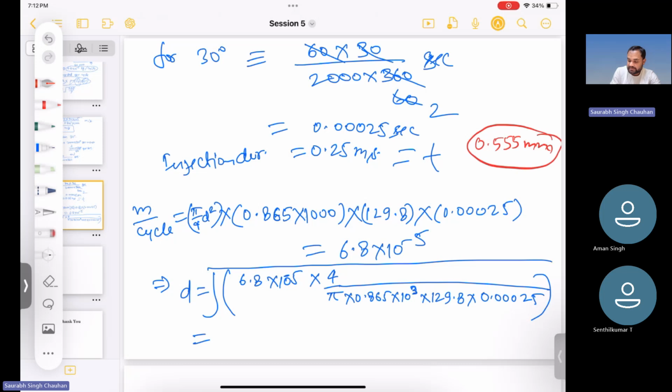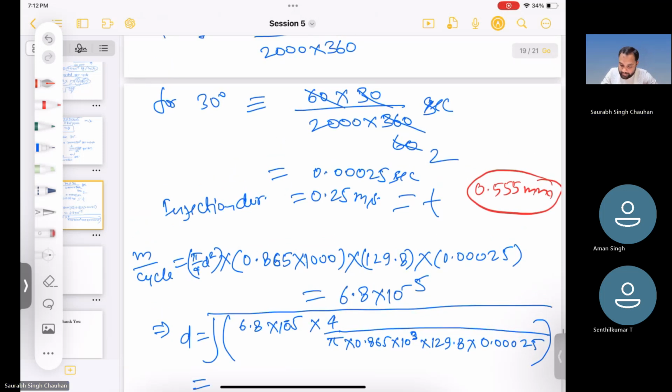So I think we have a mistake somewhere. Let me quickly check. So is this time correct?